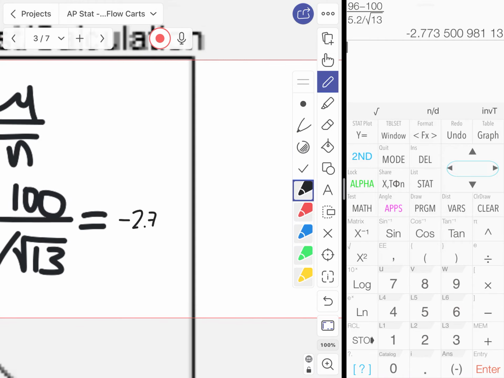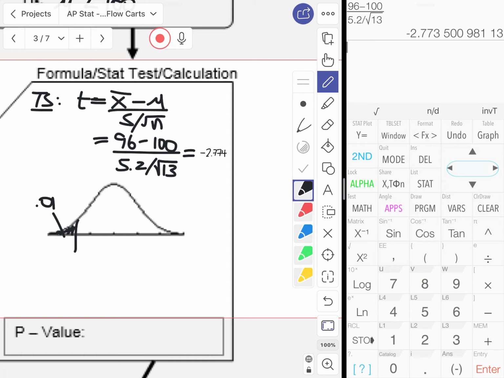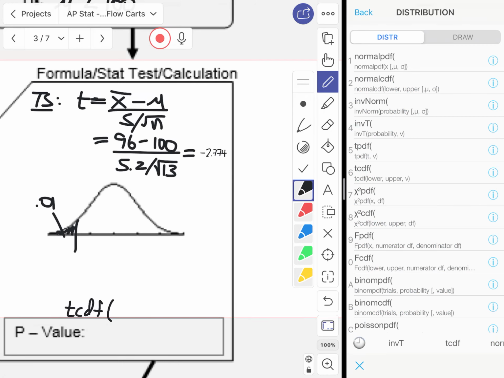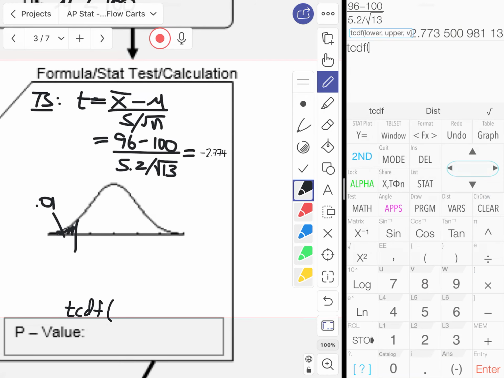All right. So then we can compute the p-value associated with that. We're going to use the t-CDF. We've got to figure out the area corresponding with this. So, second vars, t-CDF. Your calculator is going to look a little different, but it's going to have the same ingredients: lower, upper, and the degrees of freedom. So I'm going to put in negative 100.